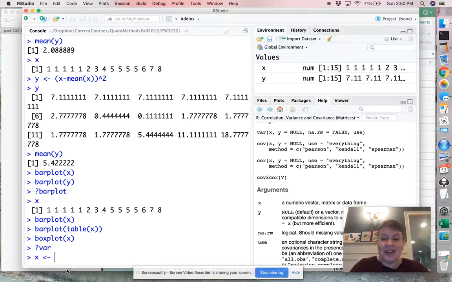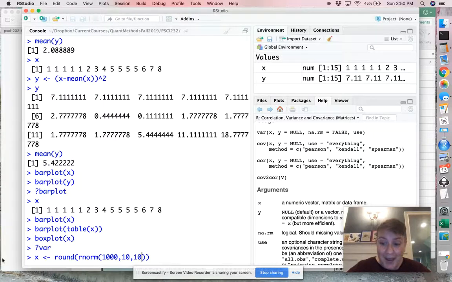So I'm going to say x gets, and now I'm going to use a function that you will not need to know, but that you should copy dutifully into your console, because we're going to use this example. I'm going to say x gets round rnorm, and then I'm going to give it three values: 1,000, 10, 10.